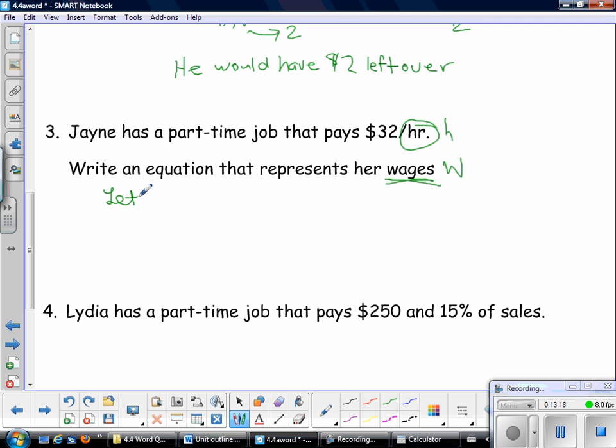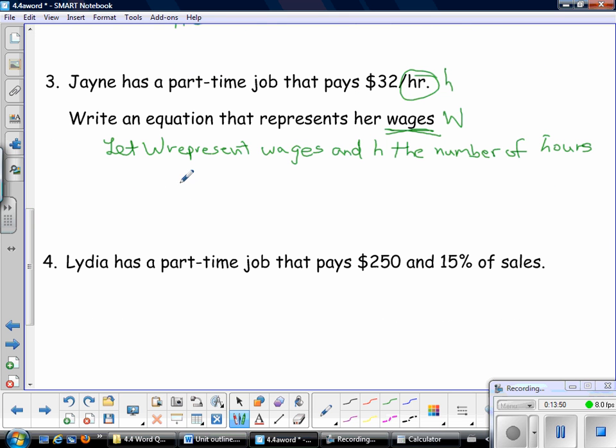So let W represent wages. P would have been okay too. And H, the number of hours. And when we substitute that in, so we have our wages is equal to 32 times H. And we're finished. That one's been done.